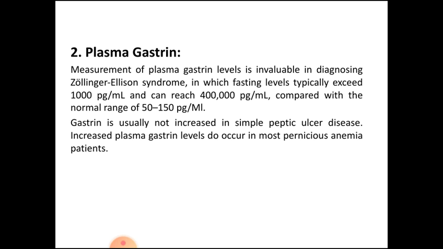Gastrin is usually not increased in simple peptic ulcer disease. Increased plasma gastrin levels do occur in most pernicious anemia patients.